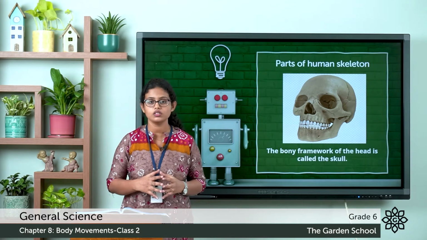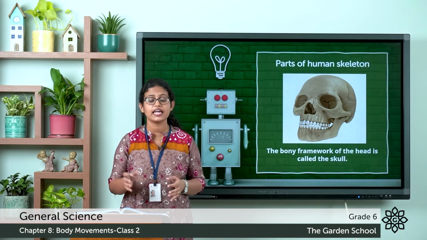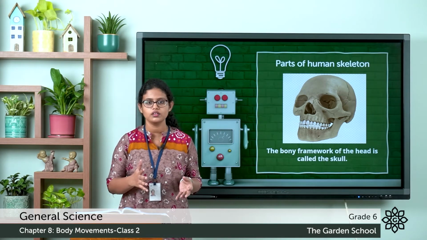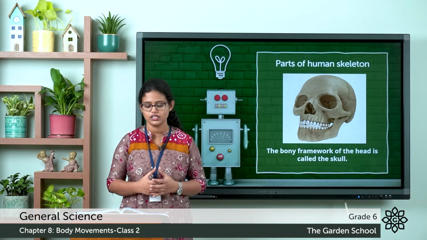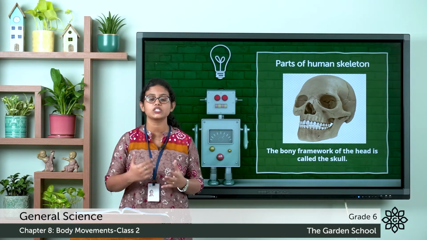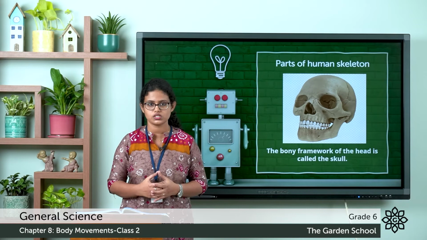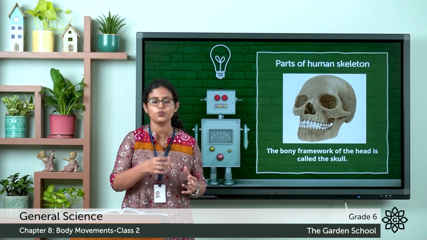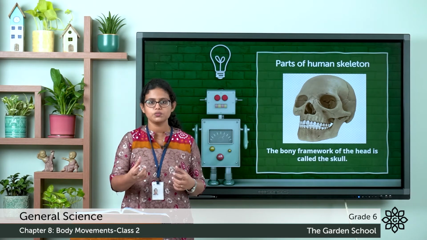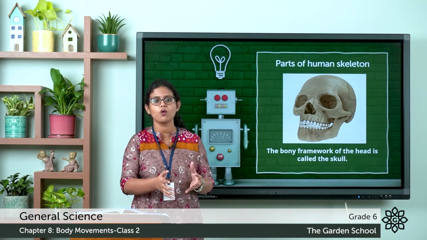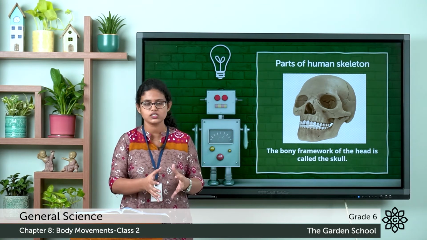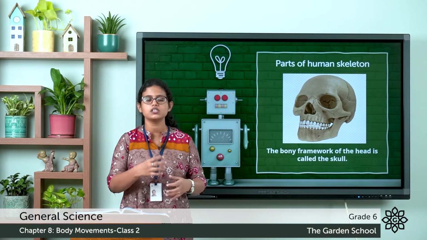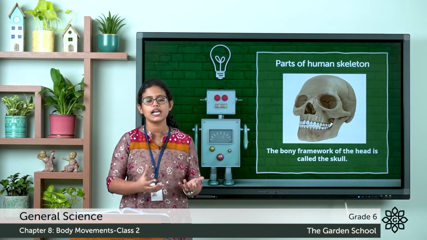The cranial bones are hard, extremely strong, and immovable. These cranial bones are attached together by sutures. So sutures are immovable joints. We know that joints mean the area in which 2 or more bones meet. Immovable joints means joints that do not allow movement.